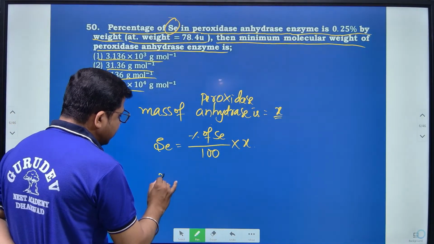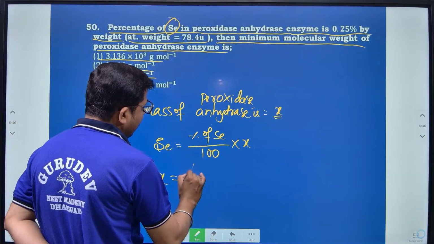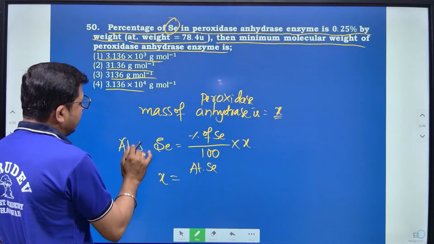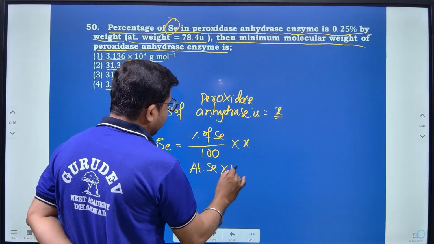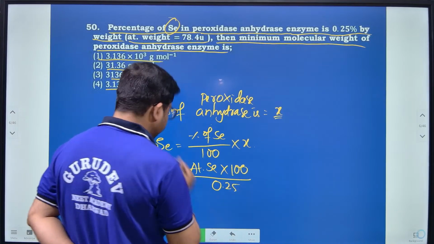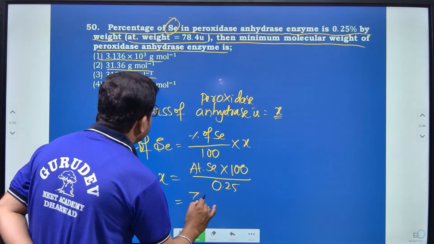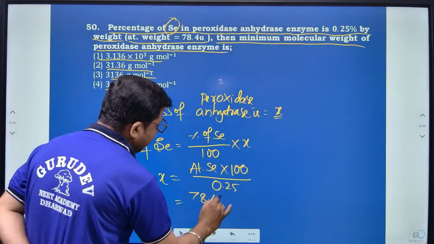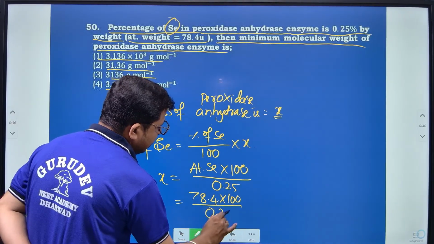Therefore, X is equal to atomic weight of Se into 100 divided by 0.25. After simplification, the atomic weight they have given is 78.4 into 100 divided by 0.25.